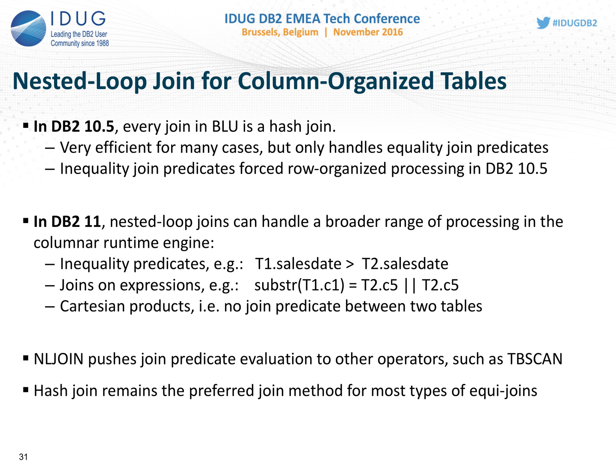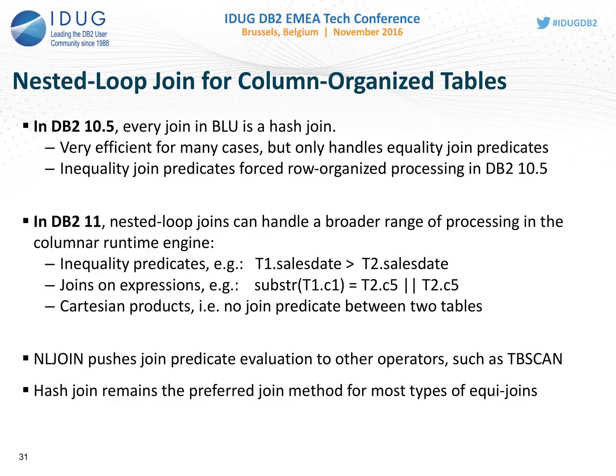All right. Nested loop joins. Okay, so the background is in BLU in version 10.5, every join is a hash join, and that's good and appropriate for most joins that you want to do. The limitation is that hash joins really only work for joins with an equality predicate, right?